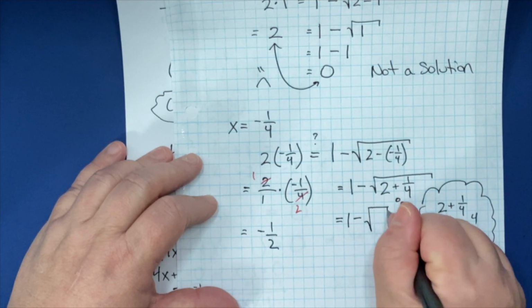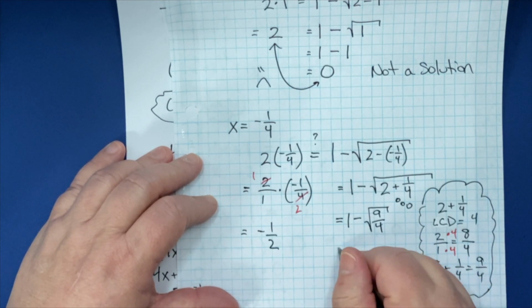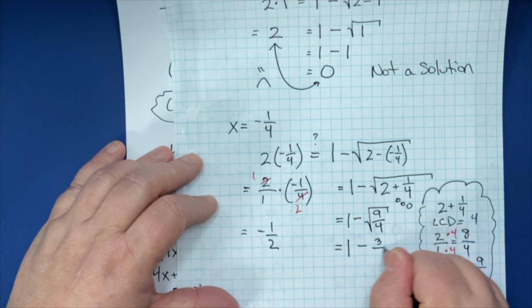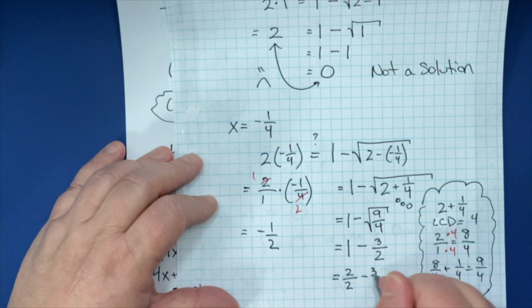Now this is awesome. I know everyone's like, it's a fraction, but it's a fraction full of perfect squares, which means I've got 1 minus the square root of 9 is 3, square root of 4 is 2. And then I have to write, okay, but I'm almost done. 1 is just 2 over 2 minus 3 over 2.